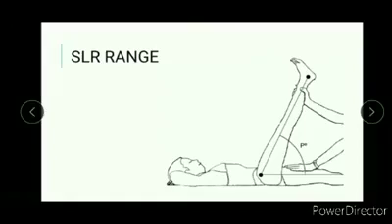While doing so, always keep a check on posterior tilting of the pelvis, because in the absence of stabilization of the pelvis, the pelvis may tilt backward, or posteriorly, to give a false increase in the range of hip flexion.